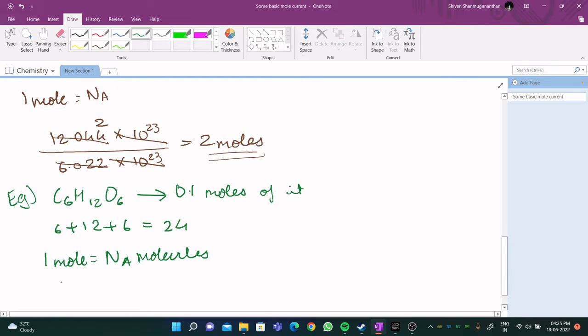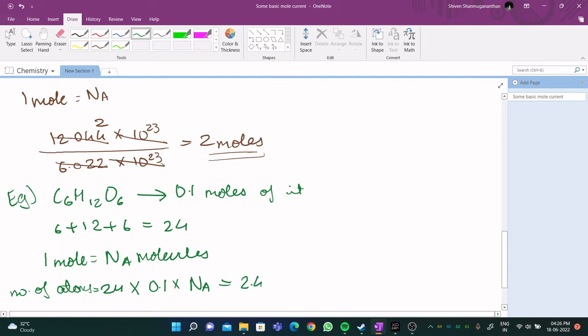So to find the number of atoms, the number of atoms is equal to 24, which is the number of atoms in one molecule, into 0.1 and Avogadro's number. 0.1 because you have to find the number of atoms in 0.1 moles of it.